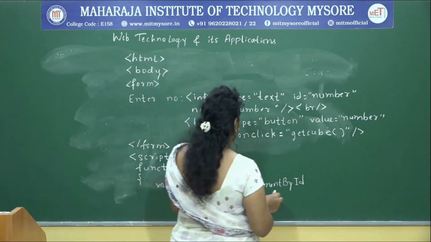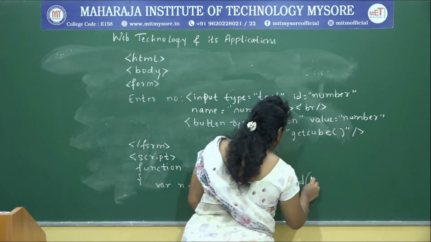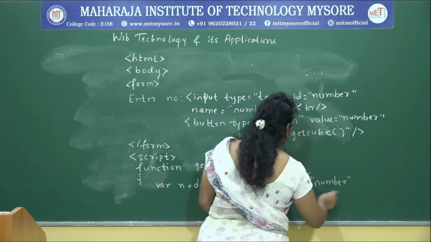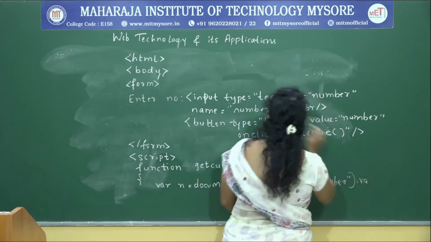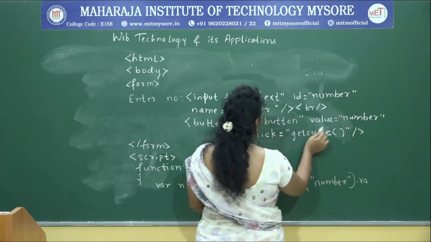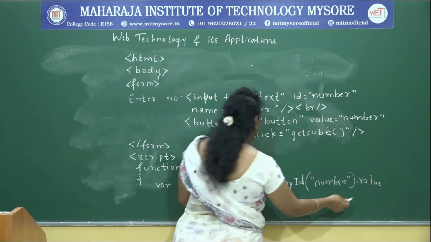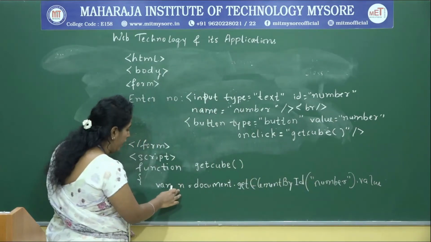What is the ID you are supposed to pass? That is number. In that you have to extract the value. What is the value? That is number. Finally that should be stored in a variable called n.